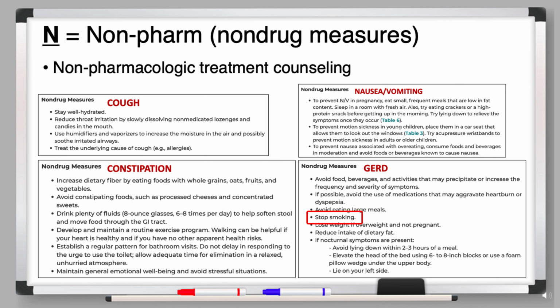Also, certainly smoking, we know, is associated with increased episodes of GERD. Losing weight, reducing your dietary fat can also be helpful. And again, I don't want to just keep belaboring all of the points in the specific examples, but for whatever condition that you're going to be counseling on, there's often things that can be done in addition to the medication that you're recommending. And this is the section where you would provide that additional information.